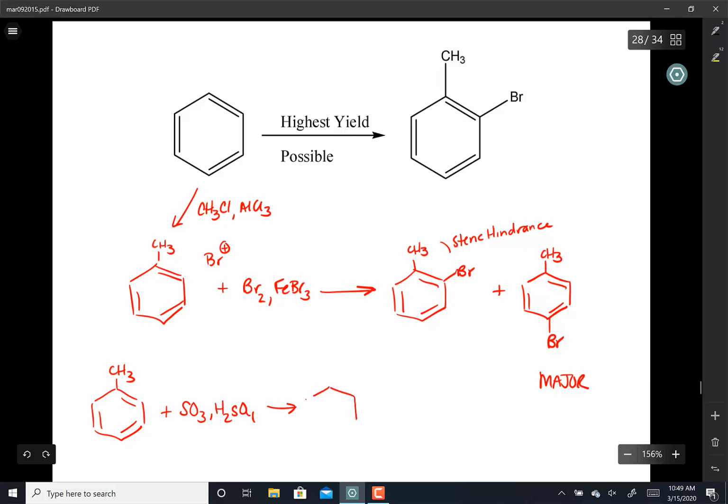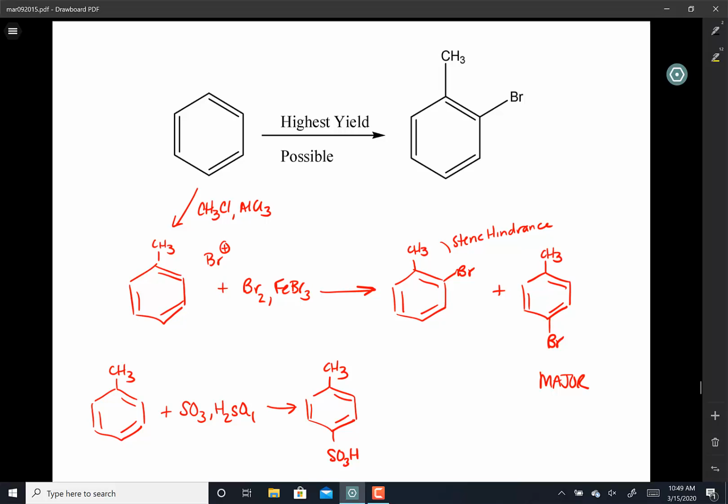Now I can invoke sterics here and say SO3H is a huge group. It's going to be very difficult for it to add ortho, so my major product of that reaction is going to be para toluene sulfonic acid.